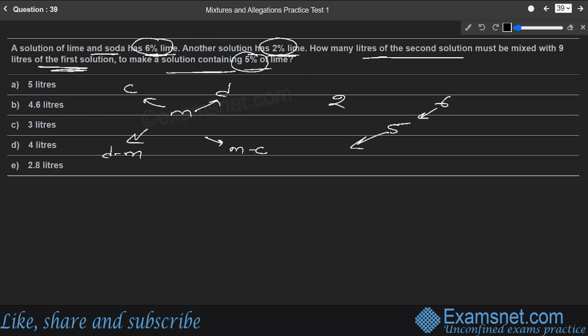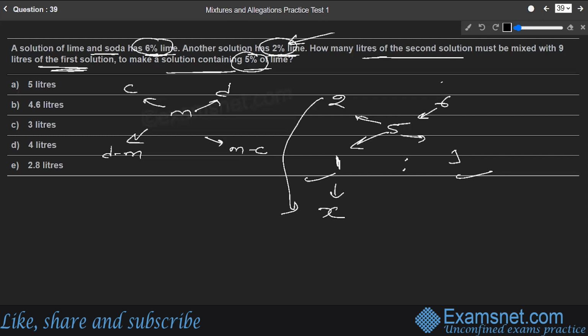Let us find out the ratio: 6 minus 5 is 1 here, and 5 minus 2 is 3 here. So the ratio of the 2% type and the 6% type should be 1 is to 3. Now, the question asks how many liters of the second solution, which was the 2% type. So this volume is unknown, let's say X. This is to be mixed with the 9 liters of the first solution.